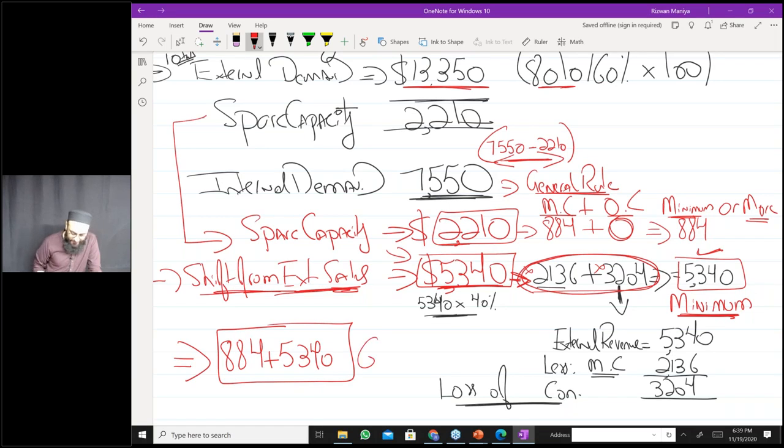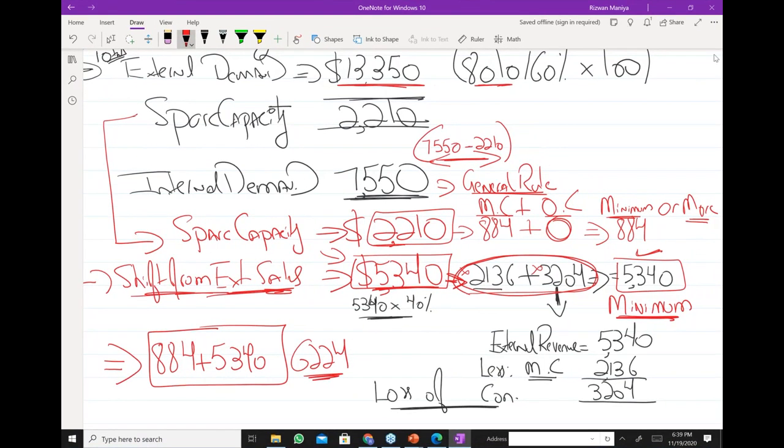That is 6224. Yes. Is the concept clear? Come on, tell me. Then I'll quickly move towards the drafting of this part. Understood the way I explained the scenario? Helpful?